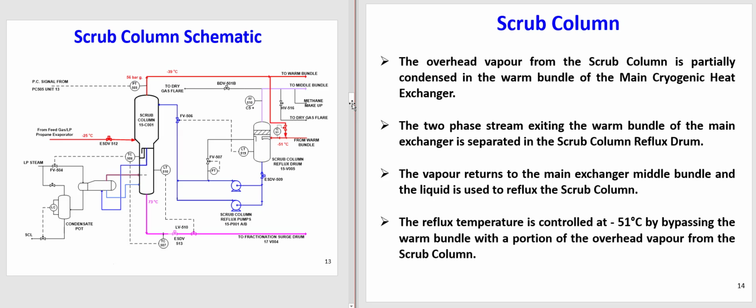So now let's see what we have. This is a scrub column. The gas after the pre-cooler, which is at minus 25, goes inside the scrub column. In the scrub column, at the top we have vapor, and at the bottom we have our heavy molecules that go to the fractionation unit.